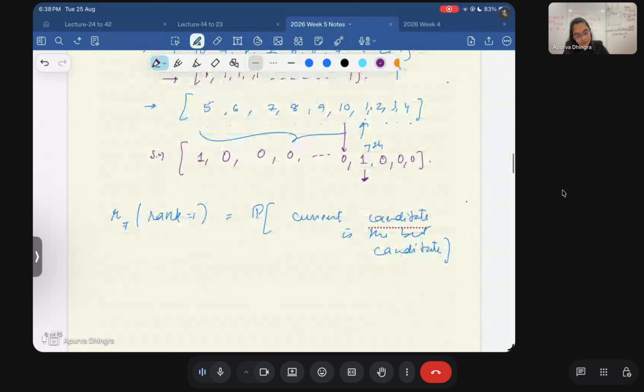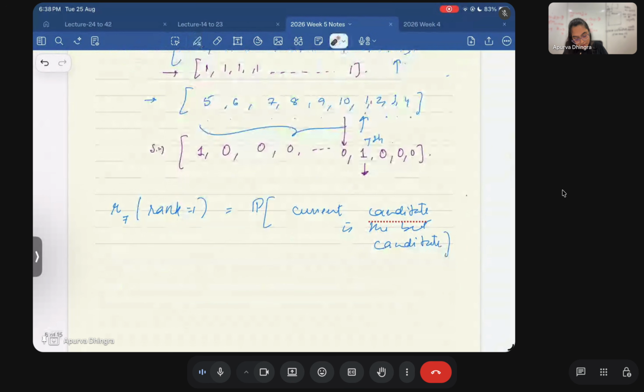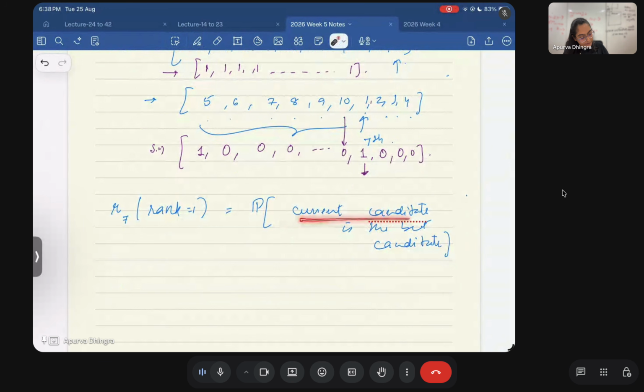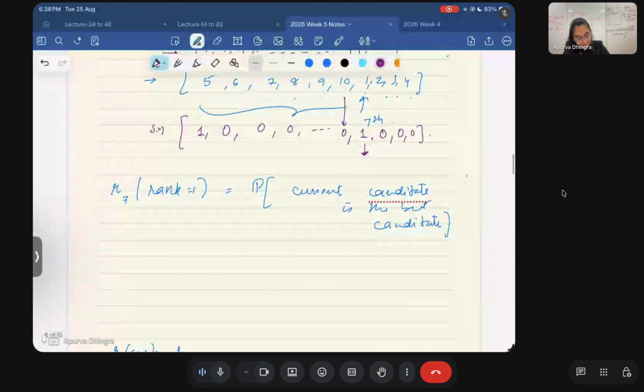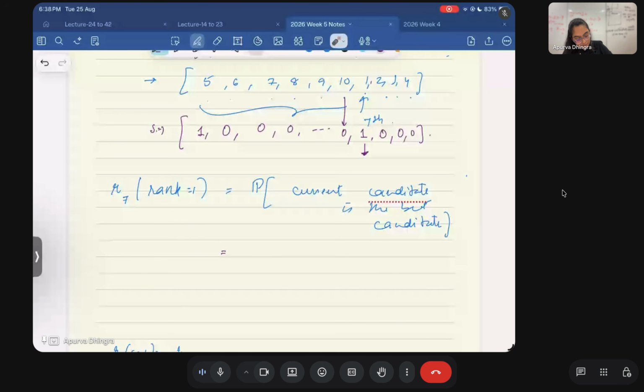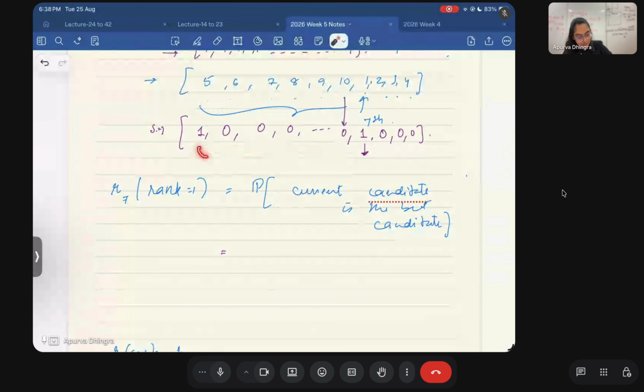So now what they are saying is the reward is in the following way. The reward refers to what is the probability that the current candidate is the best candidate throughout. So the fact that it is the best candidate means all the candidates before are arranged in some order.